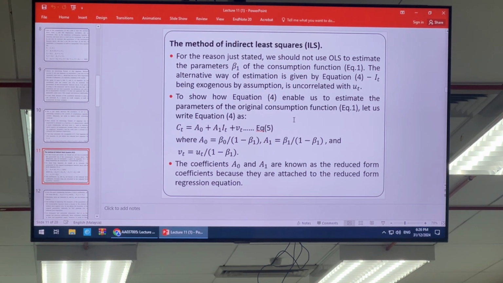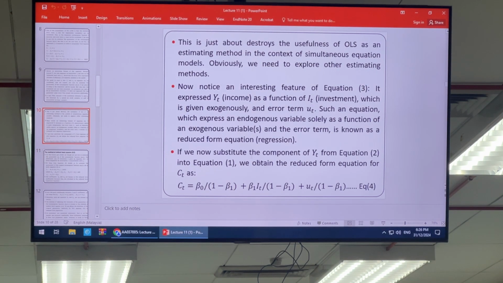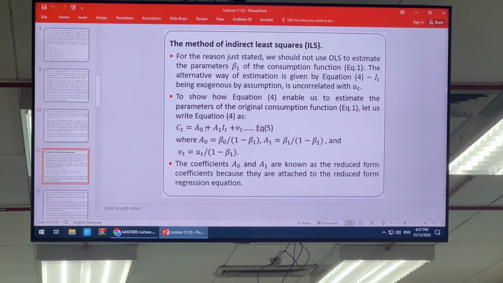So to show how equation 4 enables us to estimate the parameters of the original consumption function, the first equation, let us write equation 4 as is. So the intercept is A0 plus the slope parameter for investment, A1.